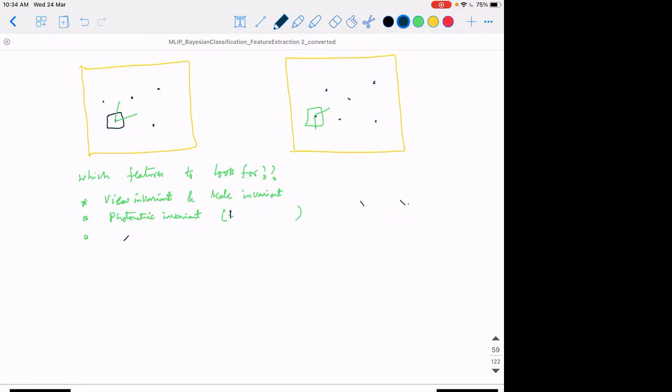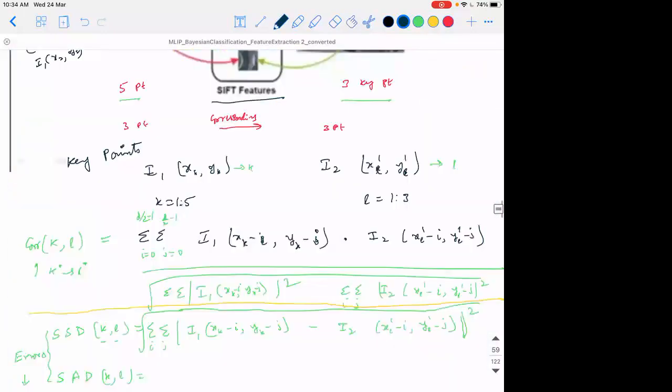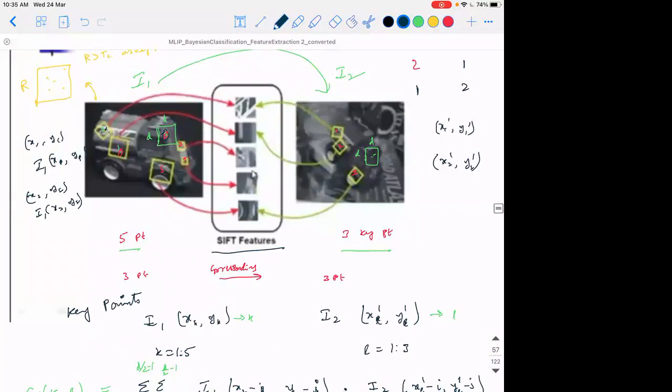Doesn't histogram change with the view, sir? Because if your angle is changing, your intensity distribution might also change. Yeah, it can change. That's why an intensity based histogram will change. But for example, see here, the intensity distribution, even if you rotate, doesn't change much.